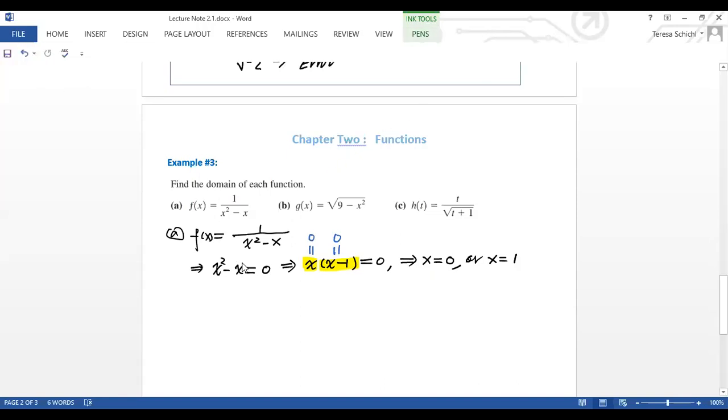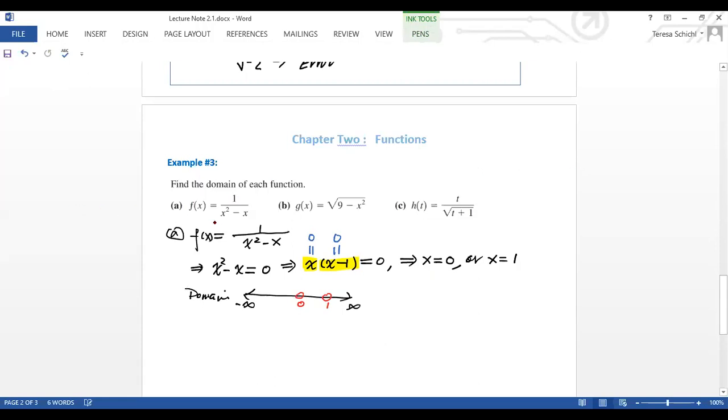So for this function, the domain always starts with negative infinity to positive infinity, but except 0, that means at this point, 0, it cannot be. And at this point, 1, it cannot be, right?